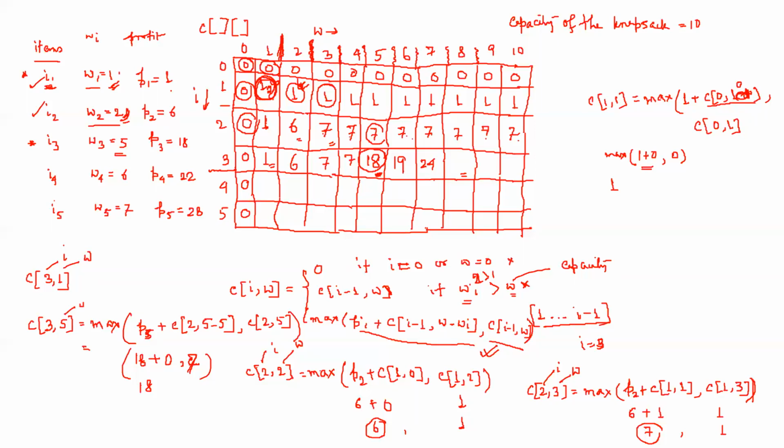I will get the maximum profit of 18 plus 6, 24, plus 1. So I will get 25 as the maximum profit. Similarly, if the capacity of the knapsack is 9, all the items are chosen, so it will be 25.